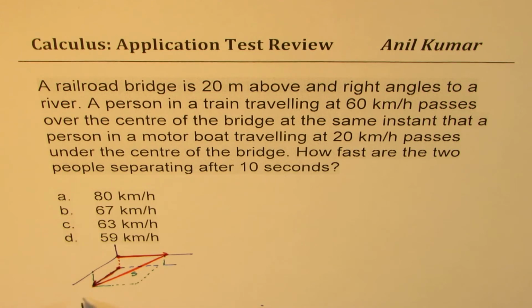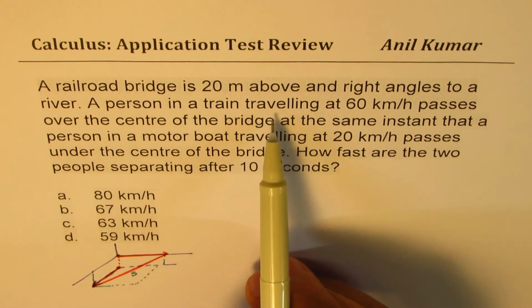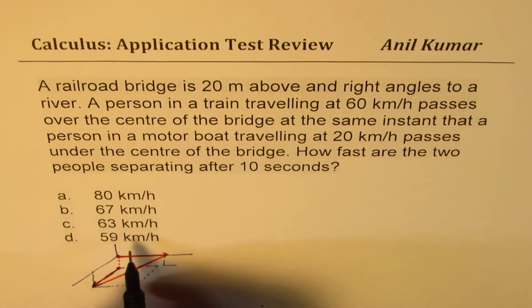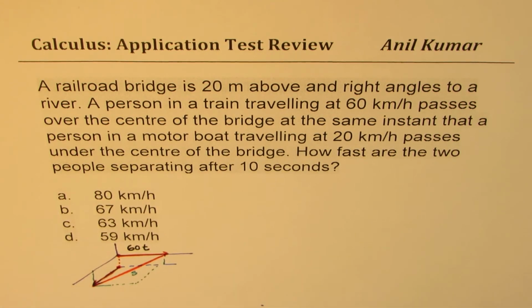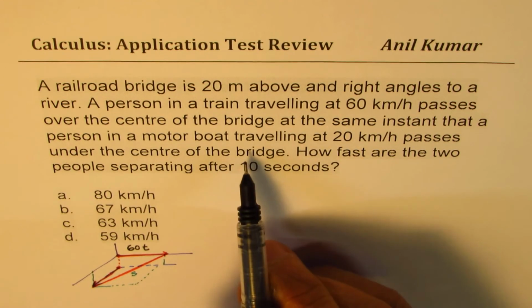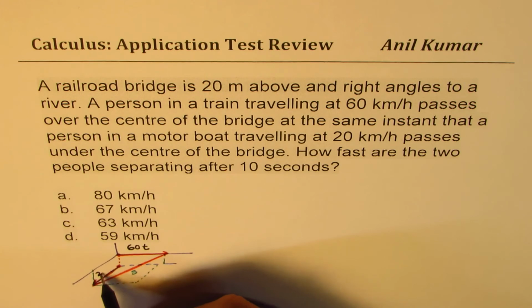Now what are these three quantities? We know the speed. A person in a train is traveling at 60 kilometers per hour. So in time t, it will move a distance of 60t. Right? And under the bridge, the motorboat is going at a speed of 20 kilometers per hour. So this will be 20t.